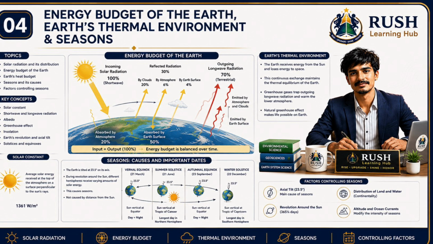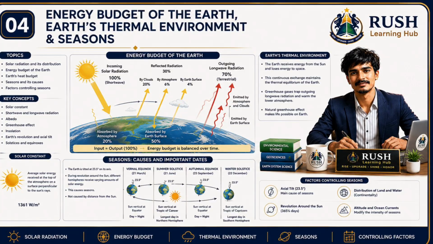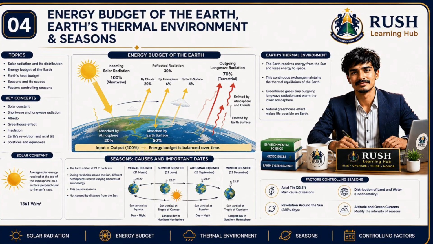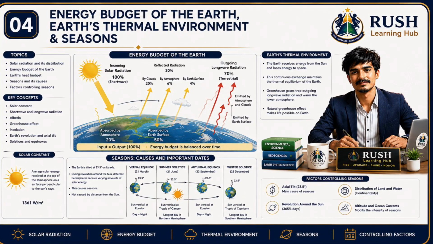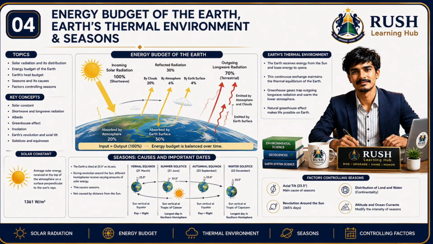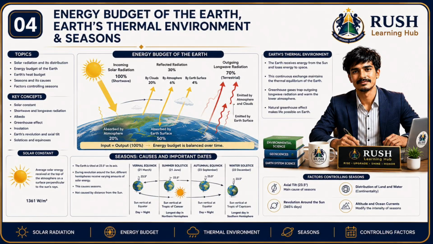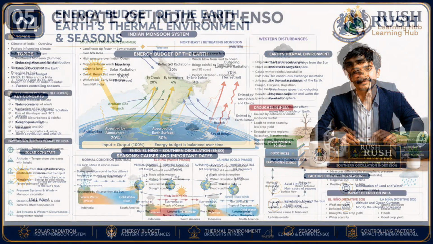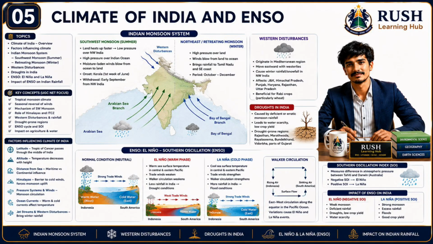For UGC NET examination, remember the following important concepts: solar constant, insolation, short wave and long wave radiation, albedo, energy budget of the Earth, steady state and dynamic equilibrium, greenhouse effect, Earth's thermal environment, axial tilt of 23.5 degrees, vernal equinox and autumnal equinox, summer solstice and winter solstice, climate of India and the phenomenon of ENSO, which stands for El Niño Southern Oscillation.